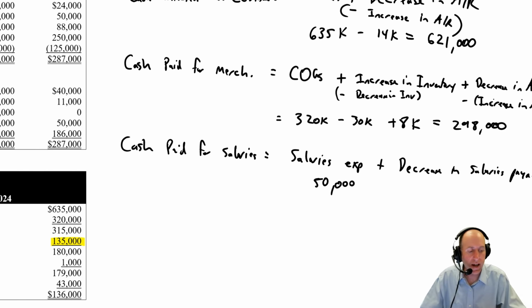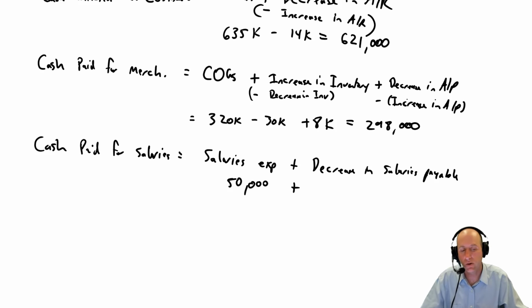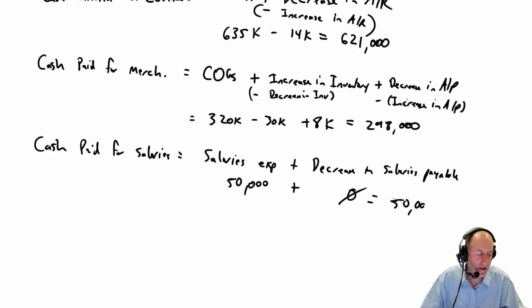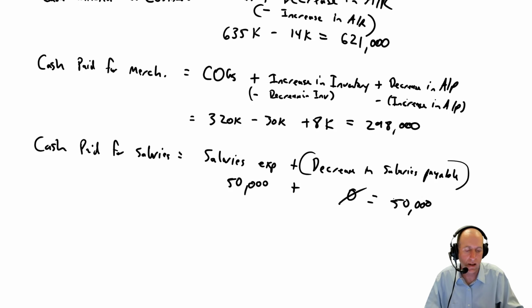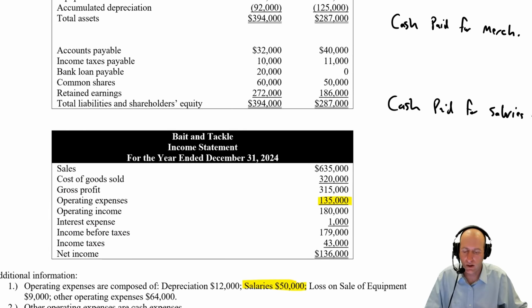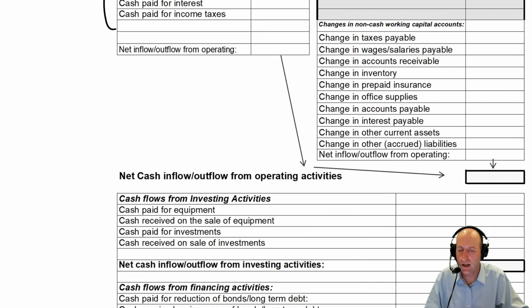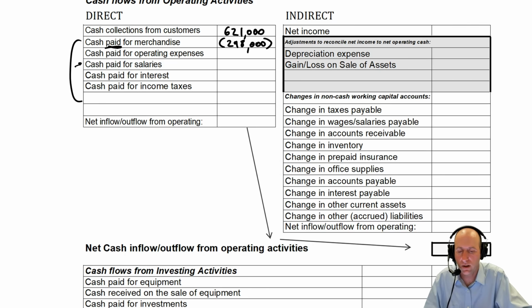It was 0 last year, it's 0 this year. It didn't increase or decrease, so it's just 50,000. I only included that because in future questions in this workbook, you'll see that there are salaries payable, but in this question there just weren't, so we didn't have to deal with it. Our salaries expense is our cash paid for salary. So let's plug that in, $50,000. And of course it is a negative amount to your cash flow.